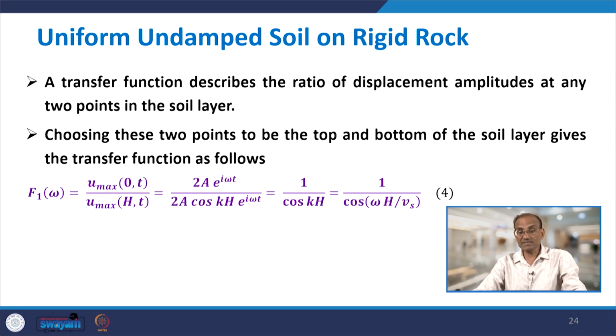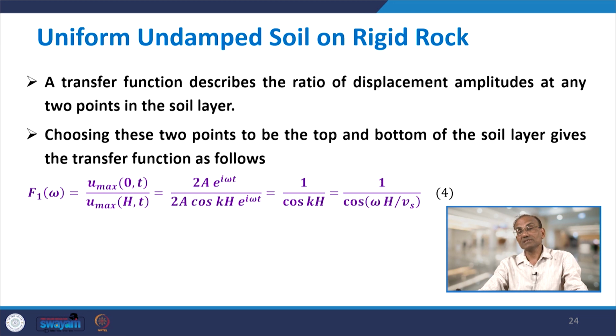A transfer function describes the ratio of displacement amplitude at any 2 points in the soil layer. Here, we choose 2 points, one at the top of the layer and another at the bottom of the soil layer, which we have considered. So, at the top, find the maximum value of u, that is u max, when z equal to 0 and t.